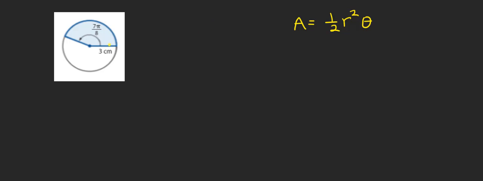So in order to find the area of a sector of the circle, basically we're looking for the area of this portion right here. And here is the formula to find the area of a sector. So what is the central angle? The central angle is going to be 7 pi over 8, and that's in radians.